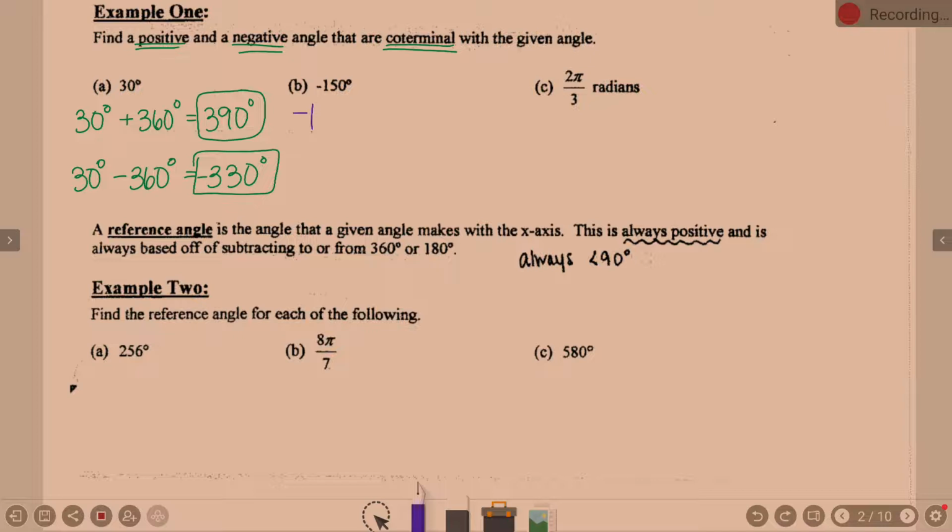Because what did he do? He took negative 150 degrees and added 360 degrees and got 210 degrees. Okay. What about a negative coterminal angle with negative 150 degrees?